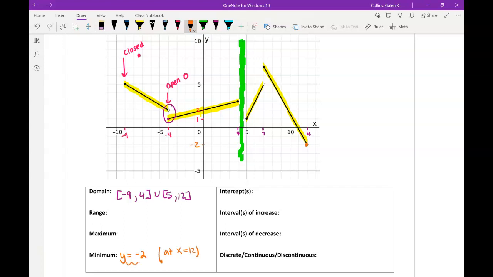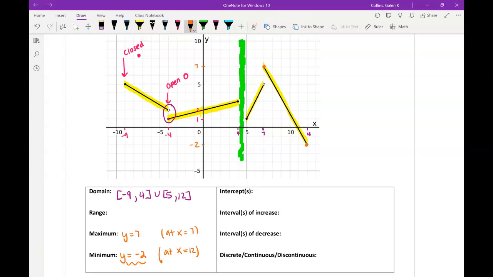But the minimum value is the -2. My maximum is going to be my greatest y value, and that is at 7. So my maximum value is y equals 7, and that occurs at x equals 7. The x values we call the location of the minimum and maximum.